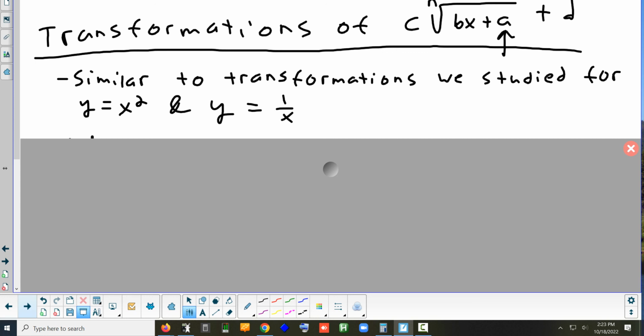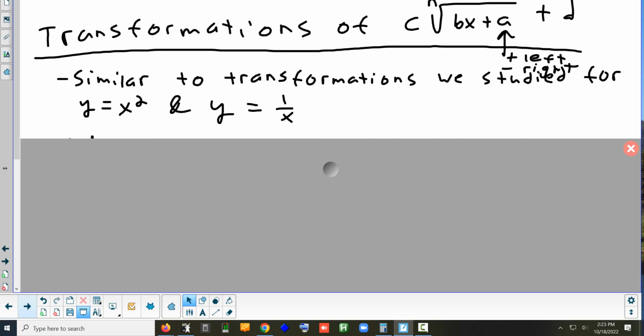If you add or subtract inside, it's a certain type of shift. Anybody remember which way? Yep. It is left or right. Positive is left. Negative is right. I don't really have enough room to fit that in. But A controls movement left and right.